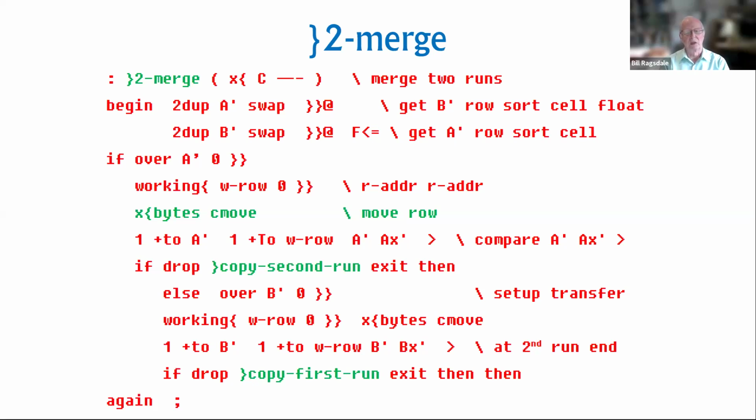And now a test is made to see, is this row exhausted? And if it is, we now copy the first run. So we see here, this is the nuts and bolts of the merge sort. This is picking out the row with the smallest value, moving it to the output, and checking to see, is that process ready for completion?